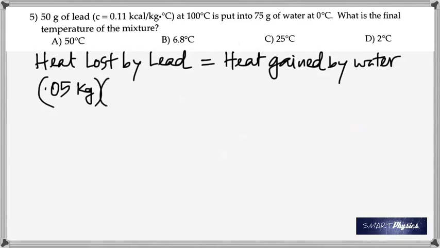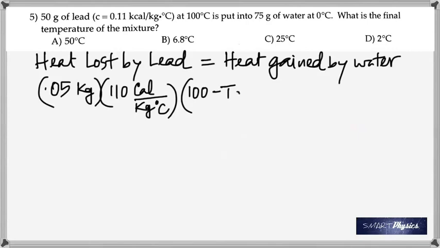That's 0.05 kilogram, 50 grams. And kilocalories, I just put it as times 1000, so 0.11 times 1000 will give you 110, because now it's in calories.